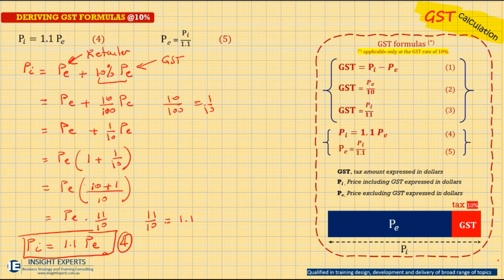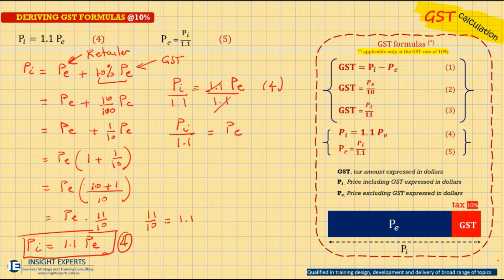Now to prove equation number 5 here, let me just make some room. All we're doing here is simply rearranging equation number 4. So if I write equation number 4, PI equals 1.1 PE, so that's number 4, I can divide both sides by 1.1, and that cancels out, becomes PI over 1.1 equal to PE.